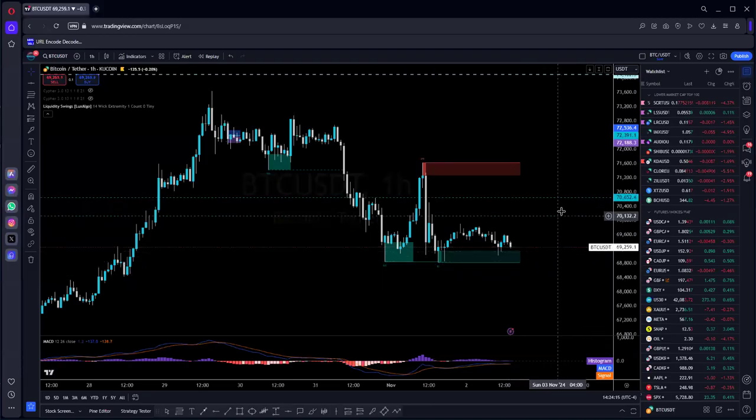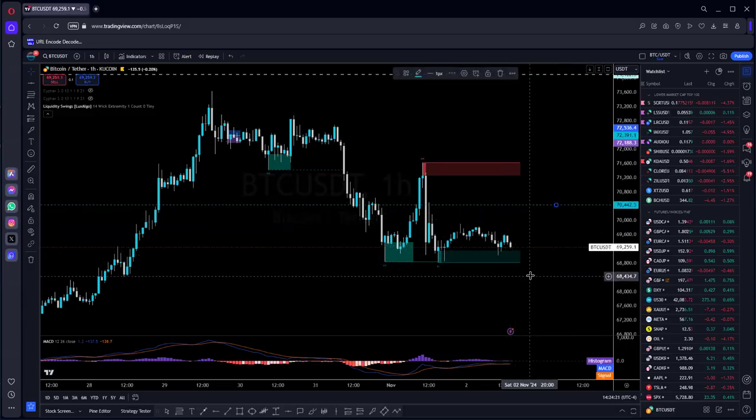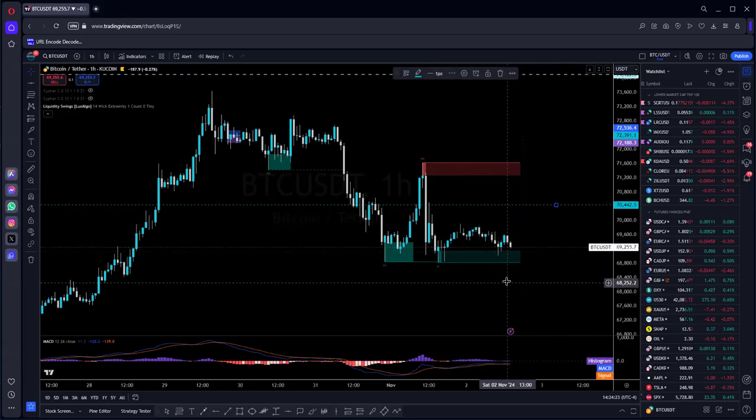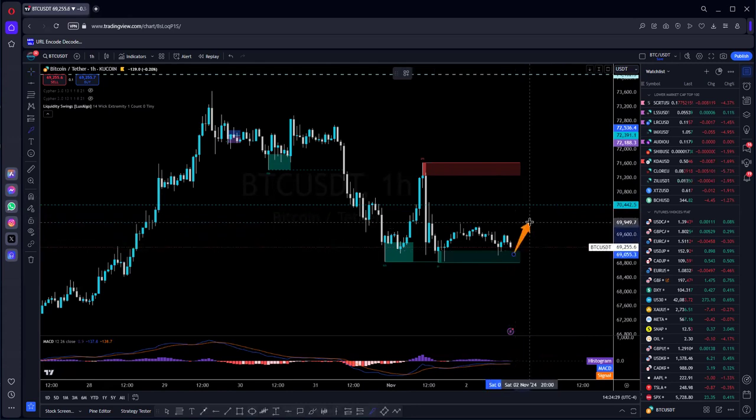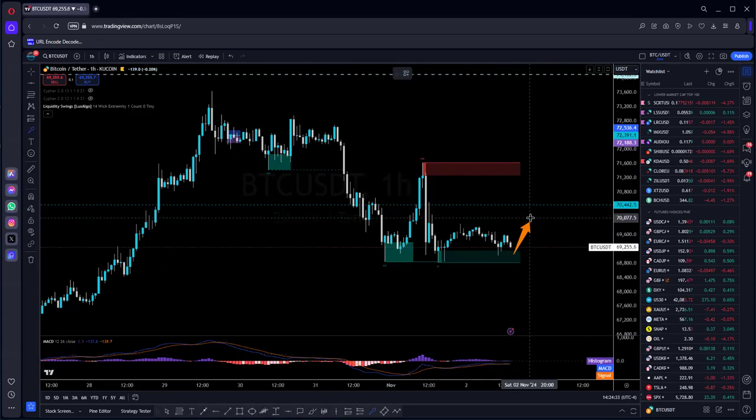When would you place a buy limit or sell limit order? Buy limit order, you'd place it if you believe that you can get into a buy position at a lower price. So for example, let's say Bitcoin has been ranging between this level, which it has been, and you know that it's expected to drop into approximately 69,000, right?